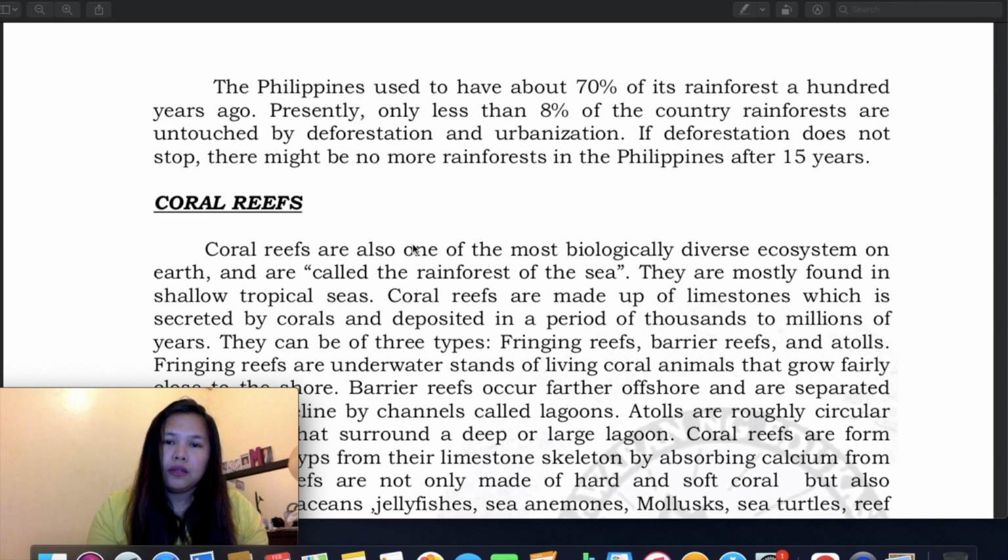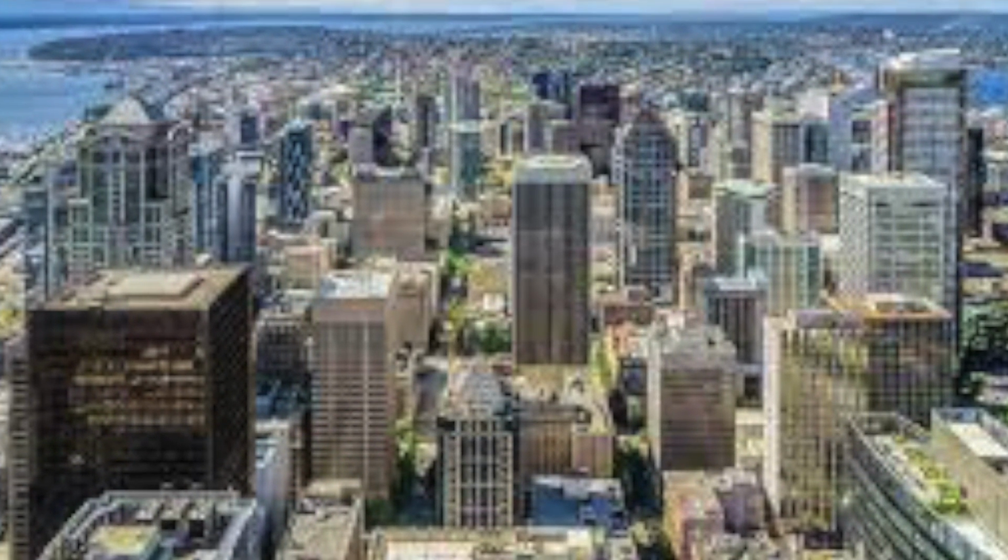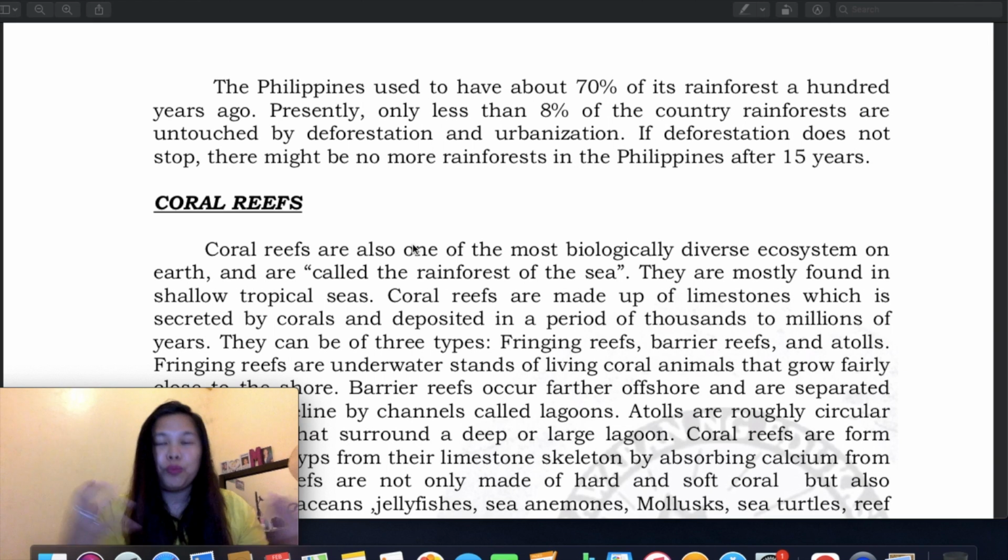And yung urbanization, yun, from rural, naging urban. So, yun po ang mga nangyayaring sa ating bansa. So, basta konti na lang yung ganun.